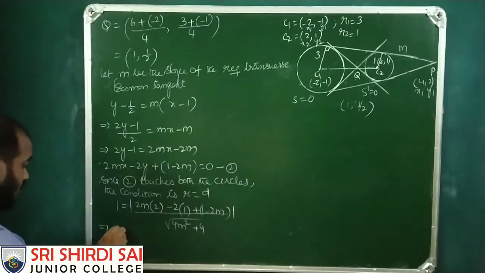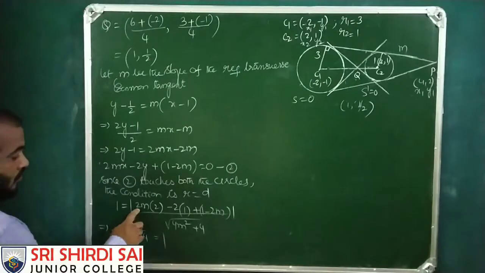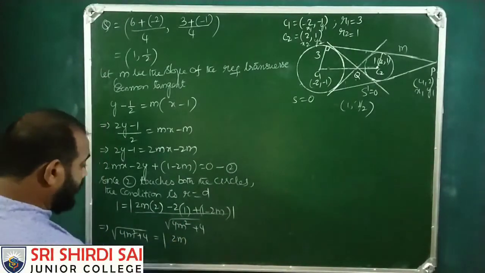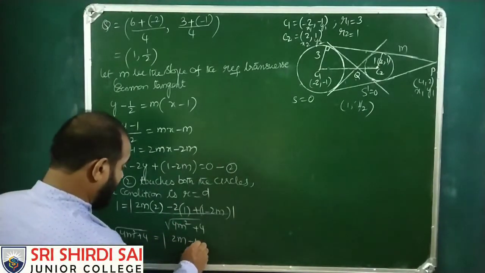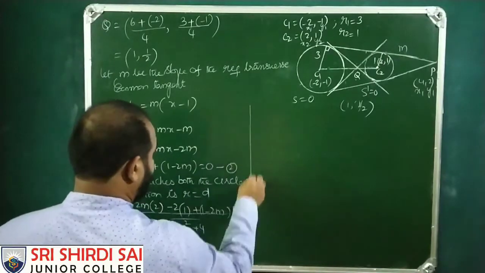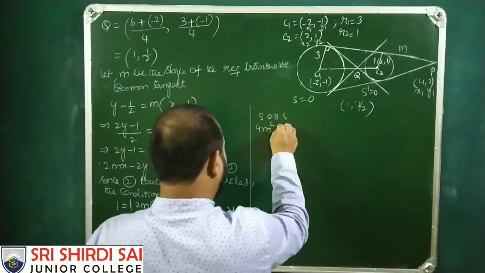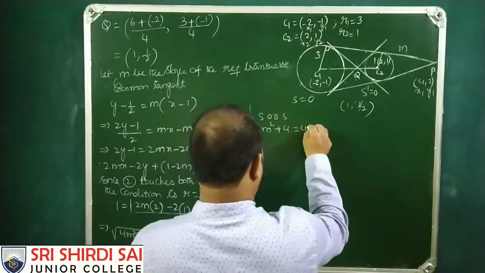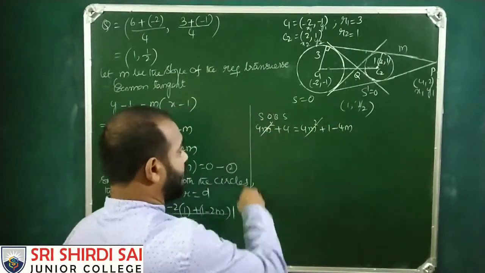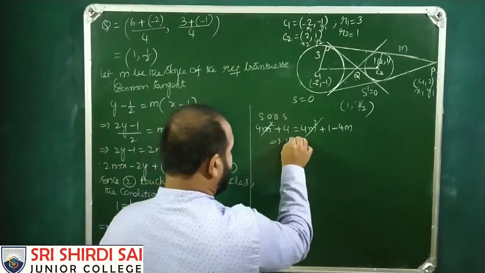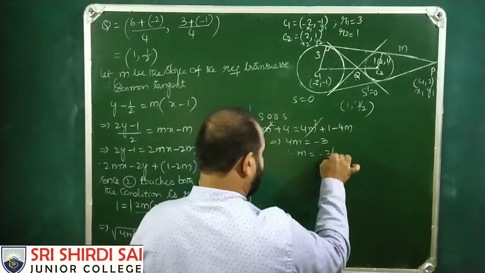So this is equal to root of 4m square plus 4 equals 4m minus 2m, which is 2m, minus 2 ones are minus 2, plus 1, minus 1. So squaring on both sides: 4m square plus 4 is equal to 4m square plus 1 minus 4m. 4m square gets cancelled. So 4m is equal to 1 minus 4, minus 3. Therefore m equals minus 3 by 4.